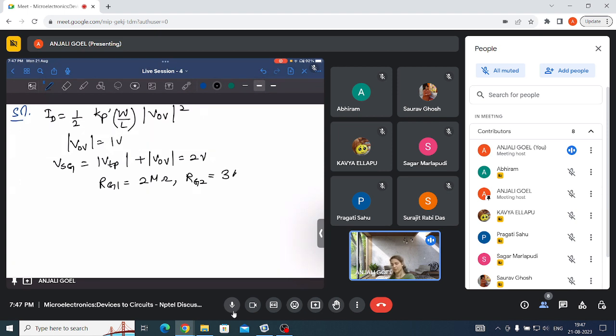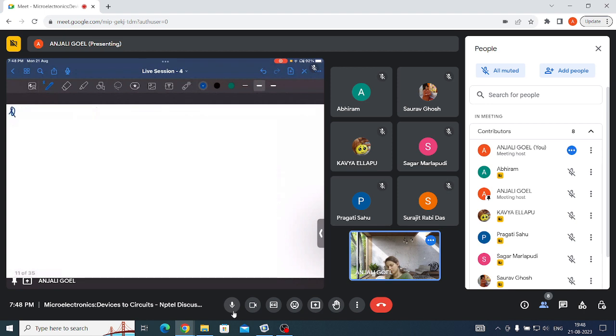So I took the basic, and now your RD is equals to VD by ID, which is equals to 6 kilo ohm. Okay, so now moving on to the next question.